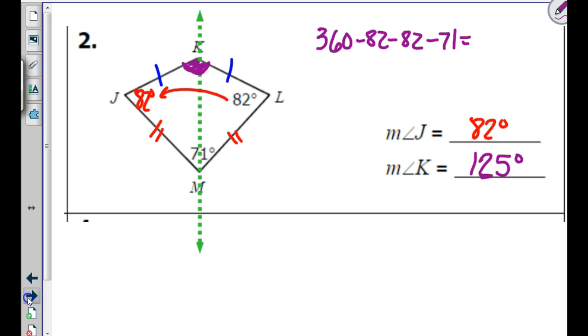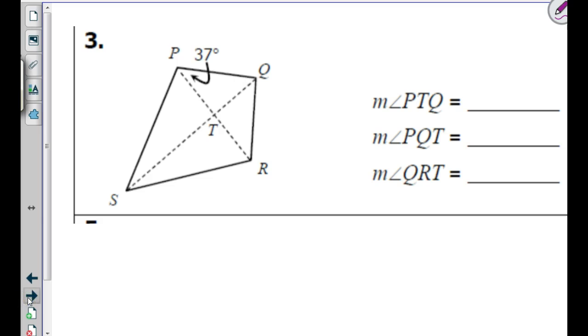All right, number 3, we have a 37 is the only thing given right in here, okay? But it should fold over and match with this one over here, so we should have another 37. And the other thing we know is that these diagonals make 90s, so we should be able to take out this triangle right here.